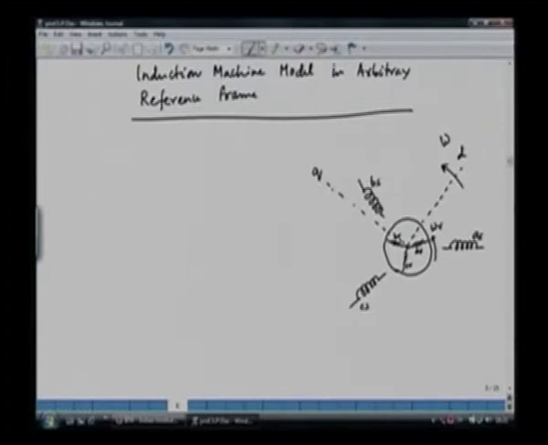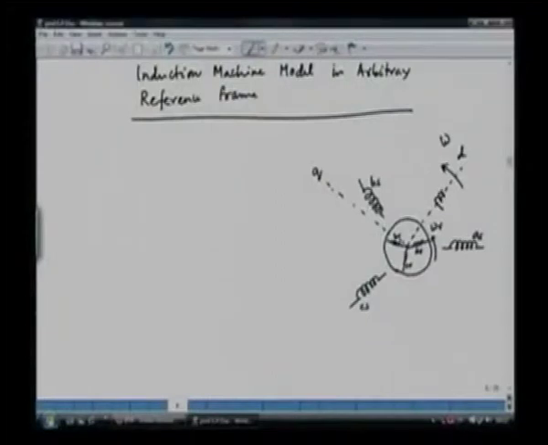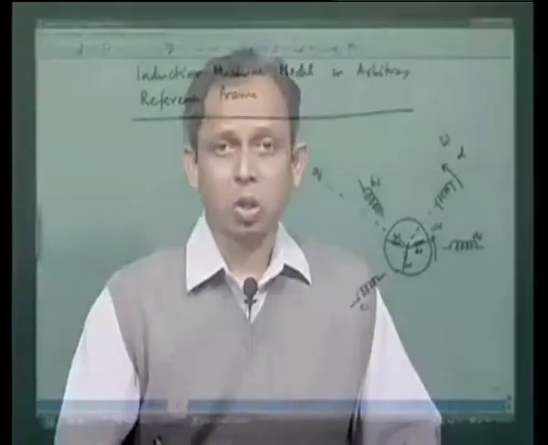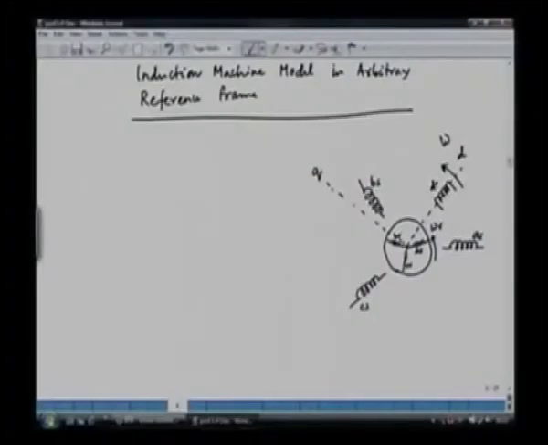So if we model an induction machine in arbitrary reference frame, the stator variables will also have speed induced EMF. It means the actual machine is stationary. We have got AS, BS and CS, but the hypothetical or the virtual machine is rotating. It means this is my ds and this is the qs winding.